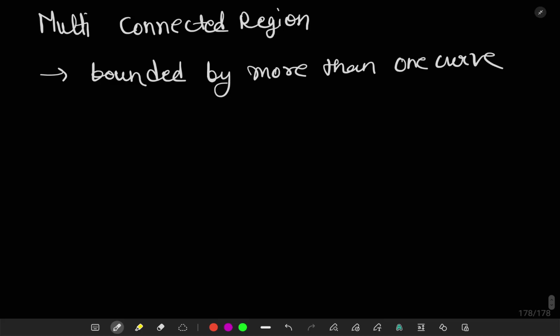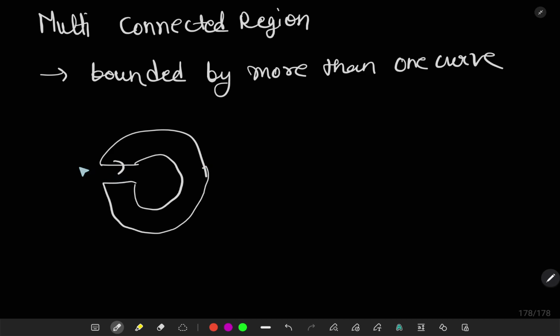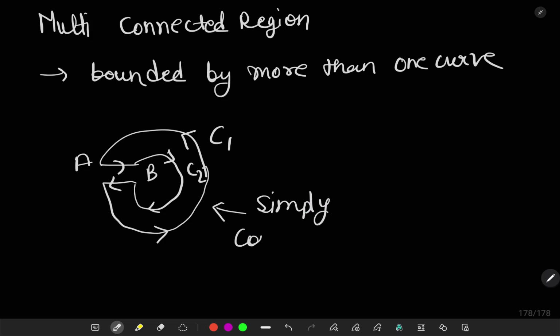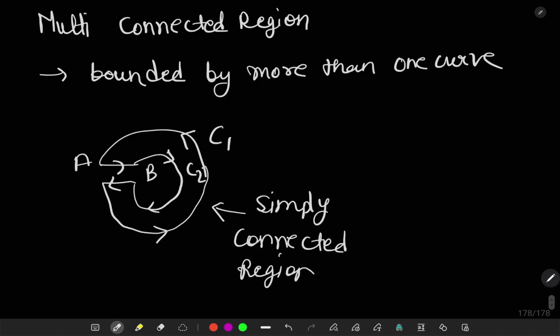Here you can see, this is a simply connected region. This is C1 and this is C2. This is a simply connected region. And this is a multi-connected region.